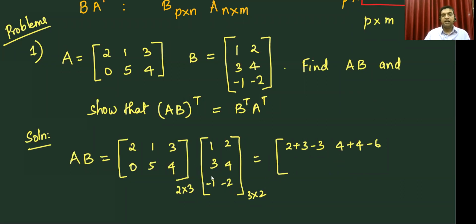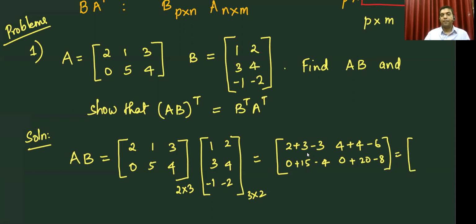Then second row, first column: 0 into 1, 0, 5 into 3, 15, 4 into minus 1, minus 4. Then last one, second row, second column: 0 into 2, 0, plus 5 into 4, 20, 4 into minus 2 is minus 8.